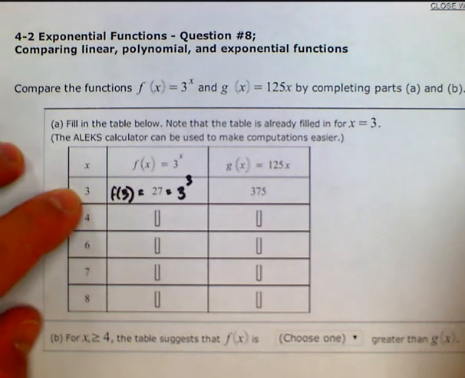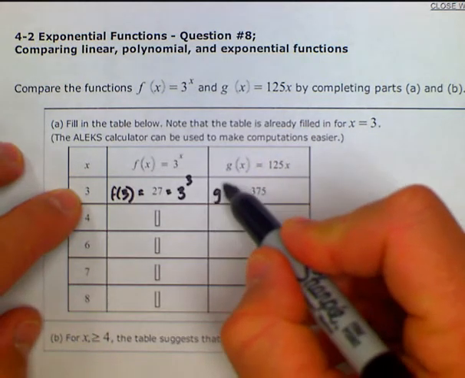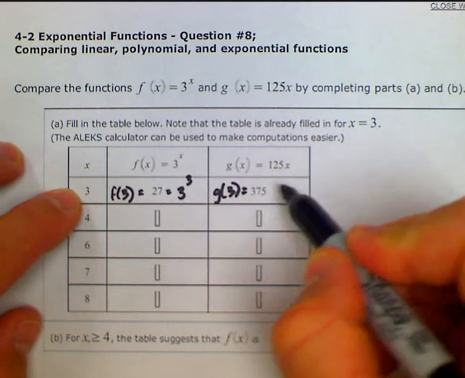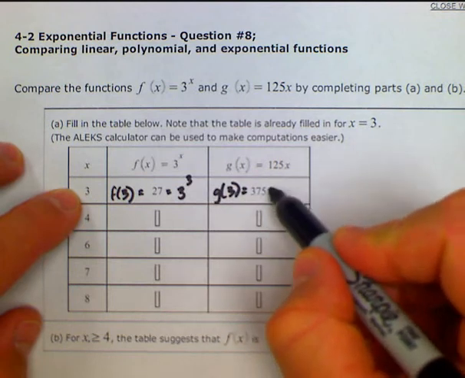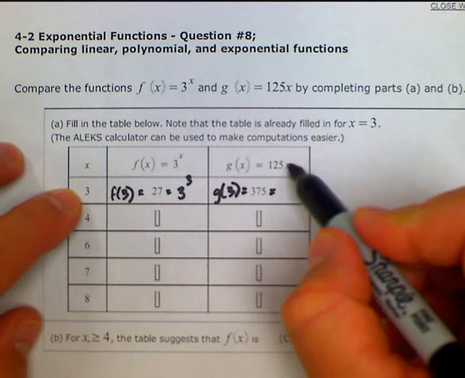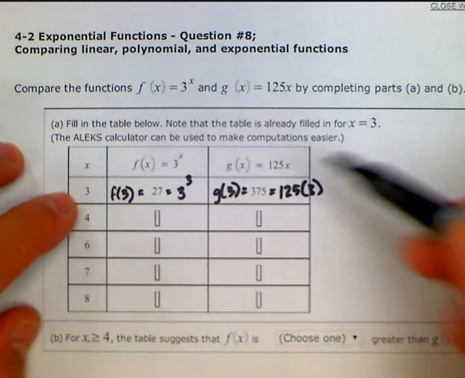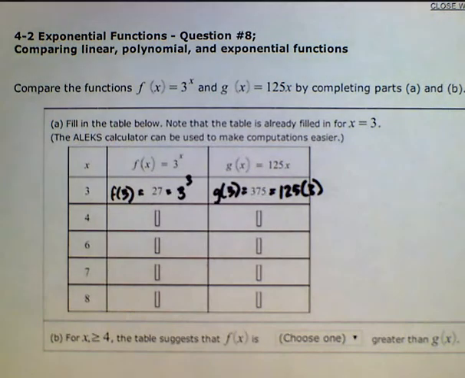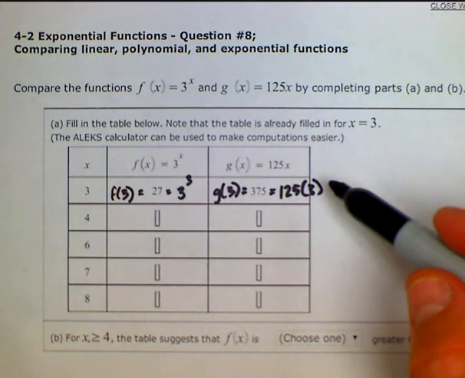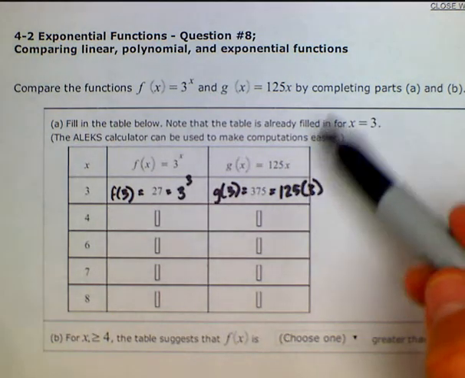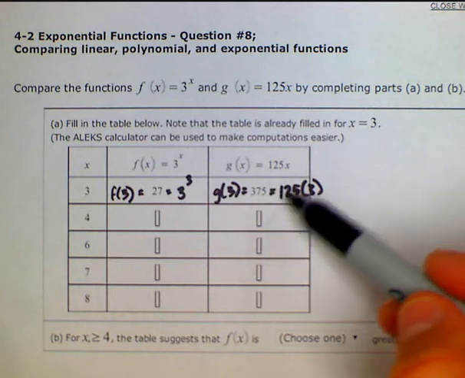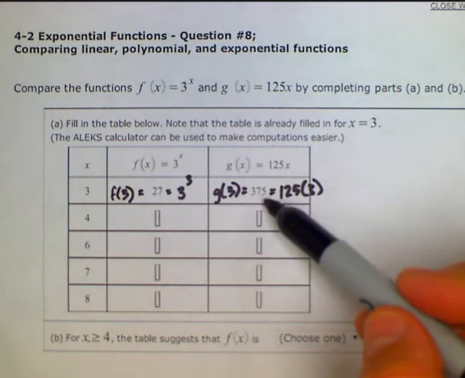Over here, our g of 3 is equal to 375, which is plugging in 3 for x. 125 times 3 is equal to 375. So we see that the linear function starts with a much larger number, 375 as compared to 27.